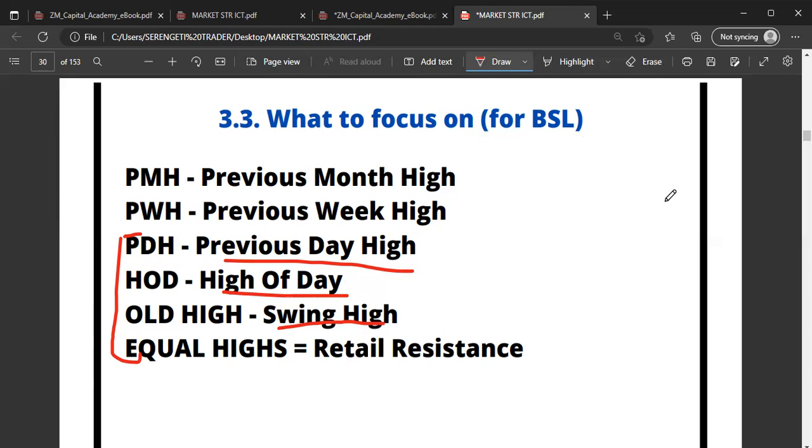When the market goes above that, that is buy stop liquidity.